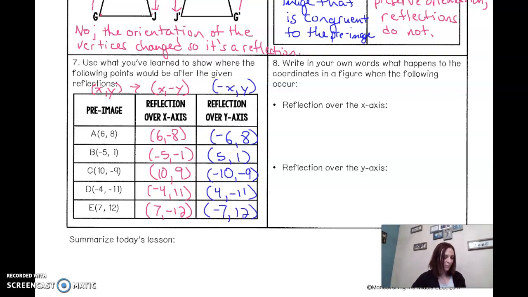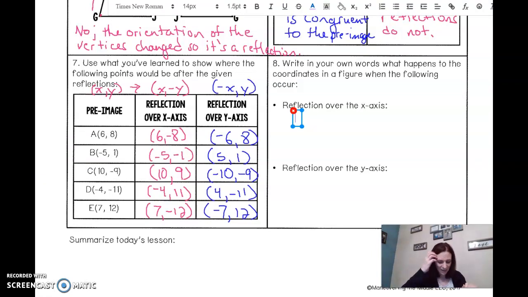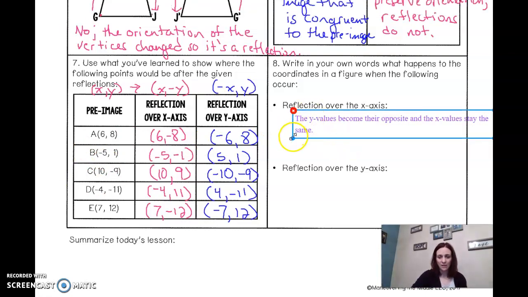Okay? So if we want to write in our own words what's happening, we've written this a lot already. If we're doing a reflection over the x-axis, the y values become their opposite and the x values stay the same. See if I can get this to fit in the box.